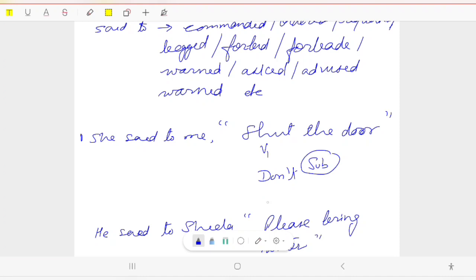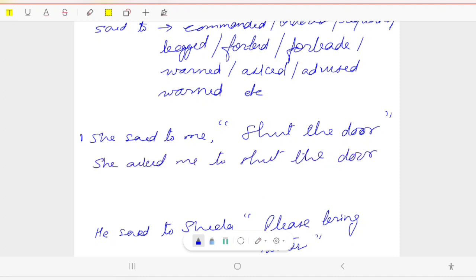So let's see how we change imperative sentences. Have a look at this answer. She said to me, shut the door. This one is RS and this one is RV.